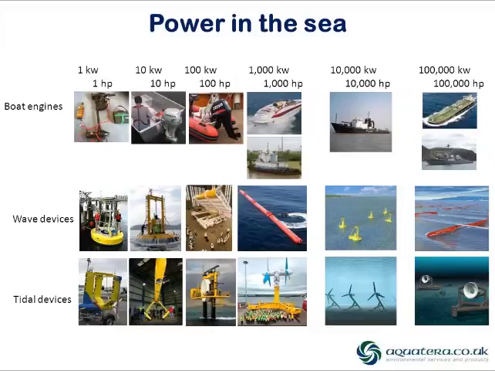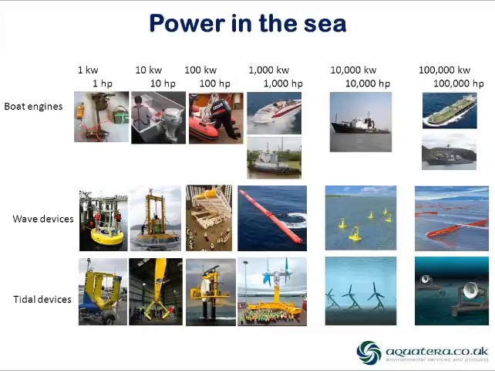And what we can see is that the commercial scale devices, the 1 megawatt, 1,000 kilowatt devices, which people are generally talking about rolling out for commercial wave parks, are equivalent to a small workboat, maybe a medium market pleasure boat. And once you get up into the higher power workboats and then the merchant class vessels, they're equivalent to the small arrays and the larger arrays.